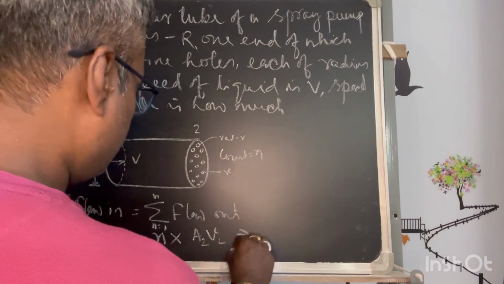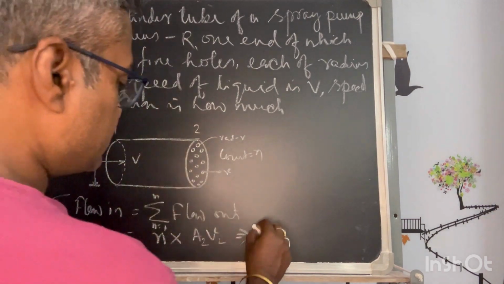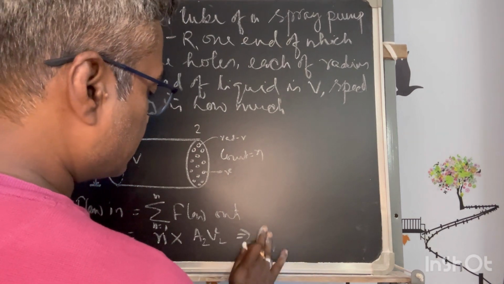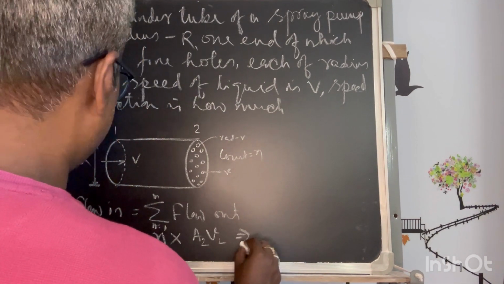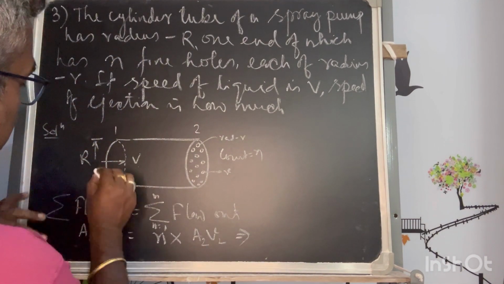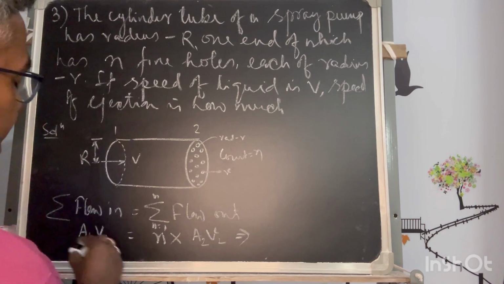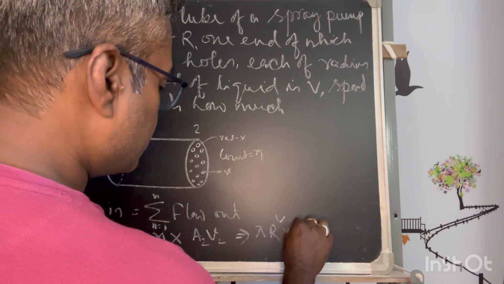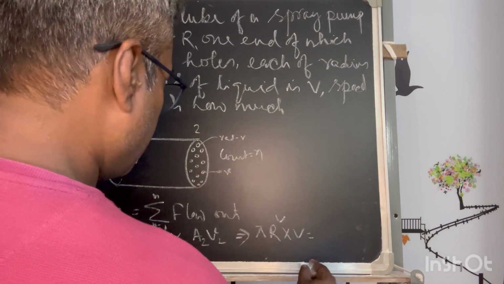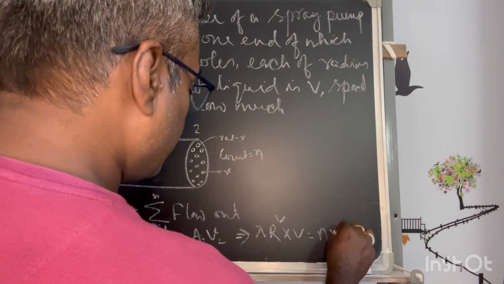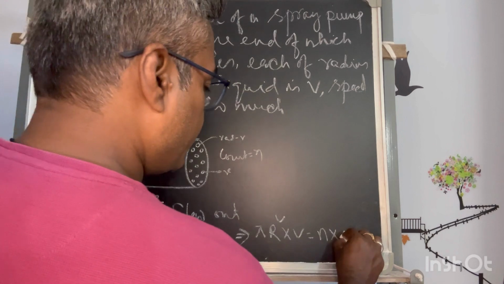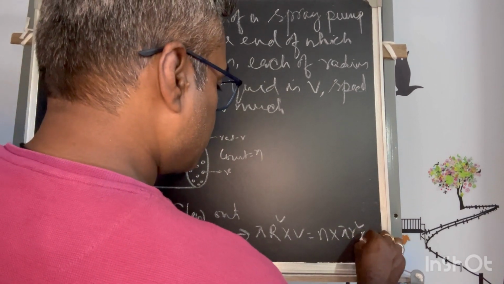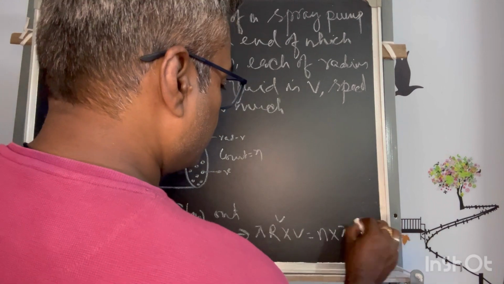So A1 is pi r square. This is not d, this is r. Sorry, I missed it. So pi R square into velocity v is given, and n into A2, which is pi small r square, into the velocity that you need, V2, let's say.